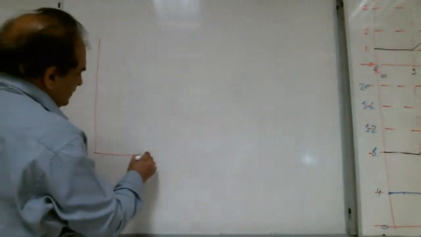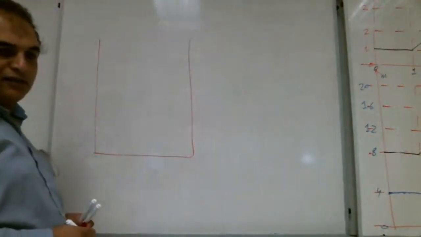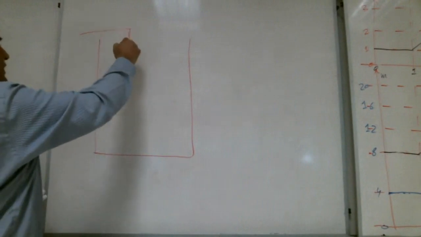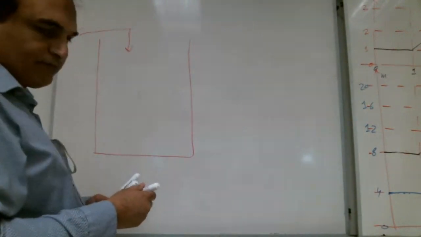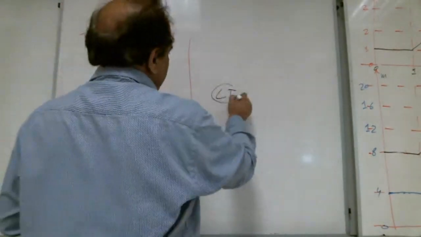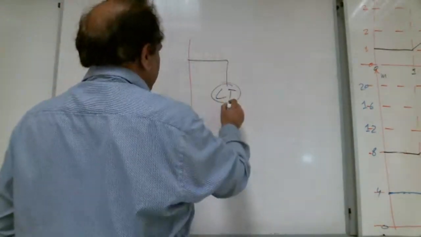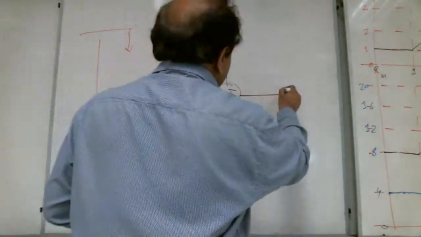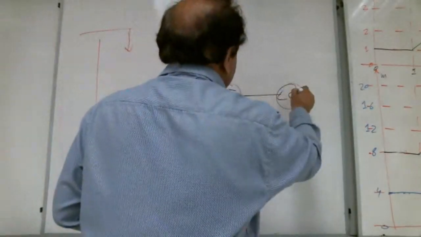So this is our always famous, all-time famous rooftop tank, Shabab. The fluid is coming in it, right? And here we have a level transmitter, the differential pressure type, and here we have level controller, LC.